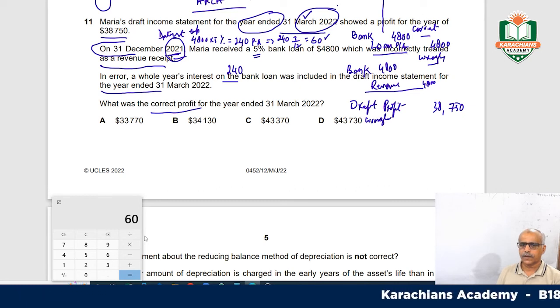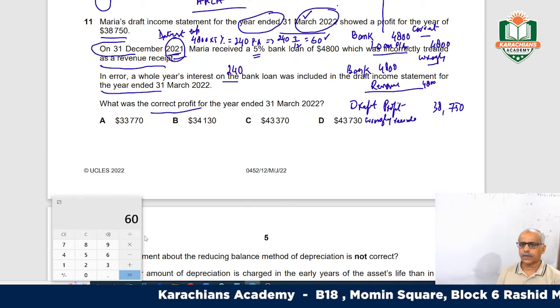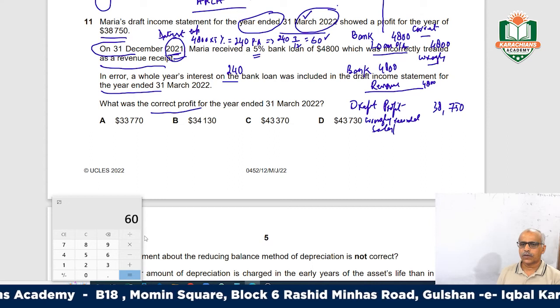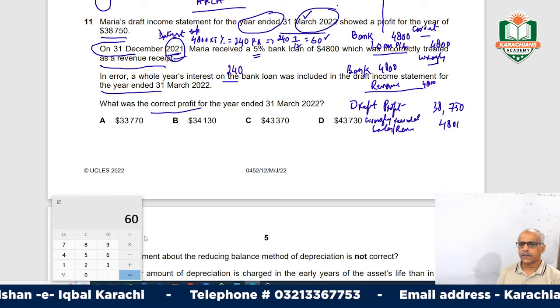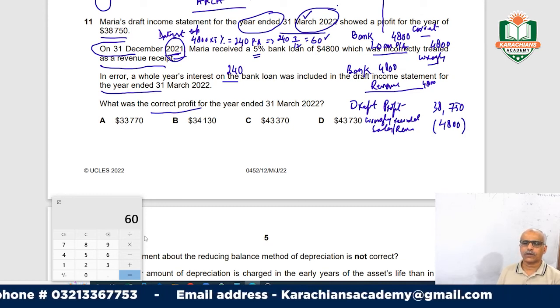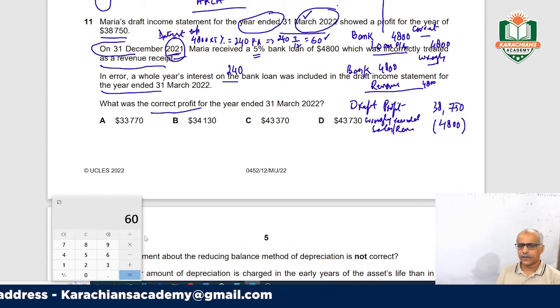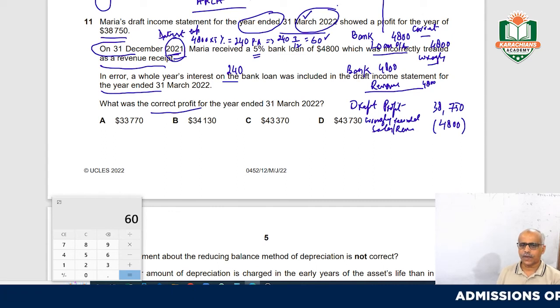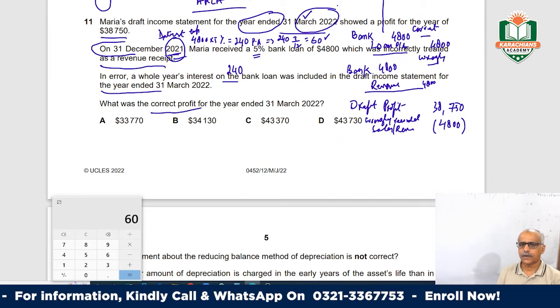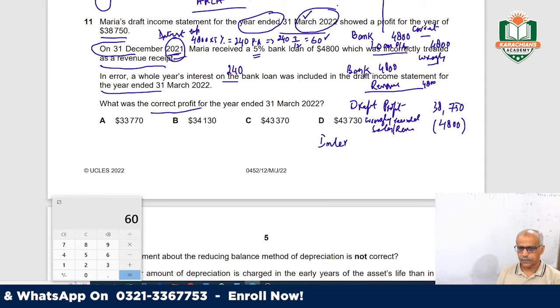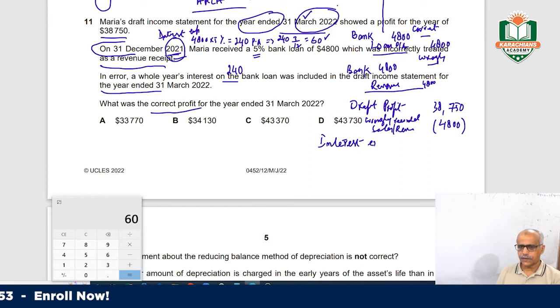You wrongly recorded 4,800 as revenue, so you should deduct it. And interest was extra charged.